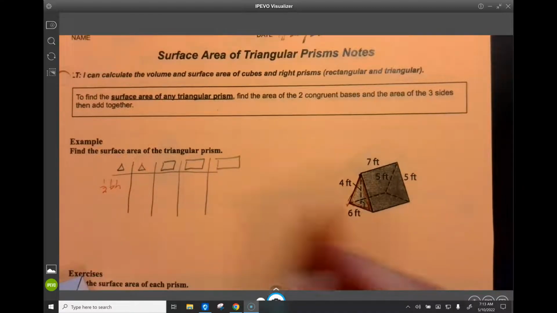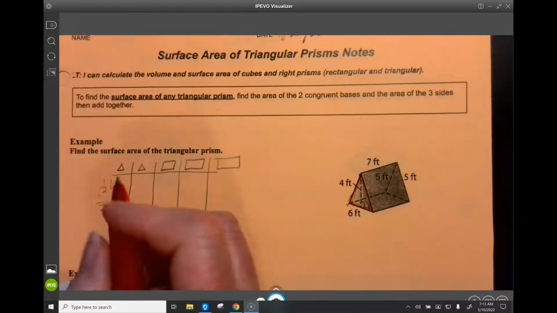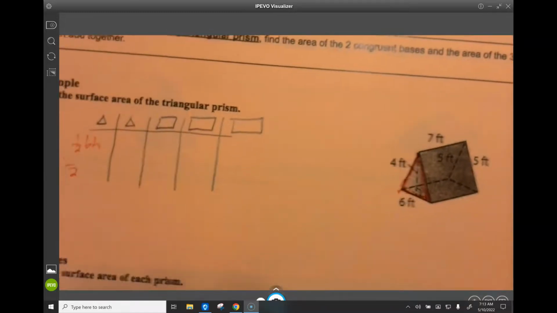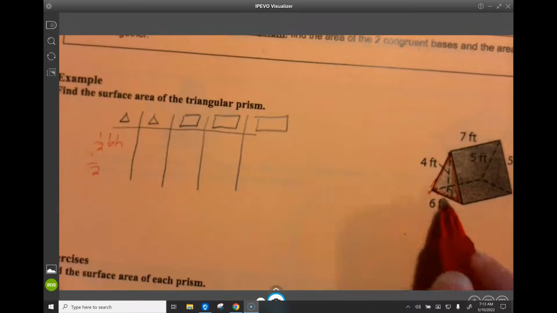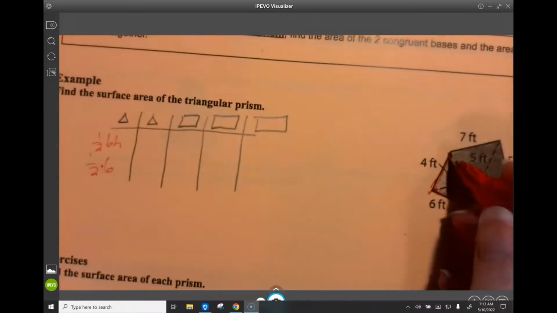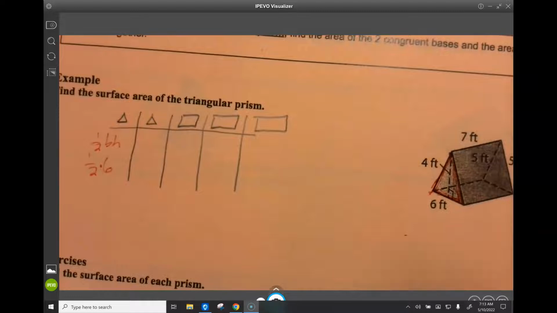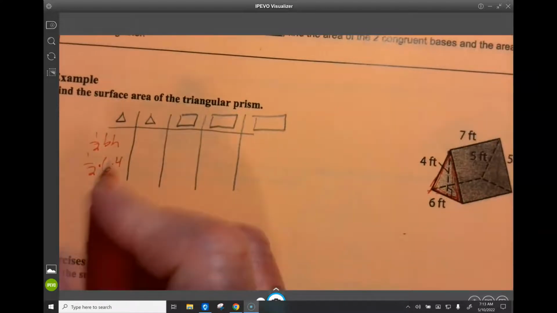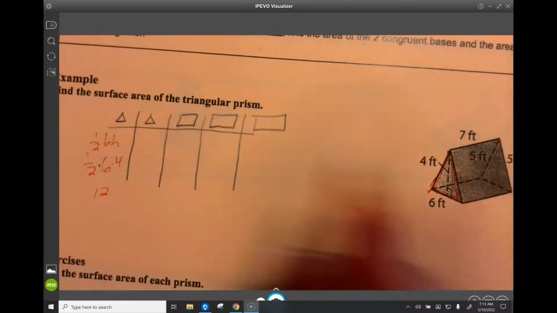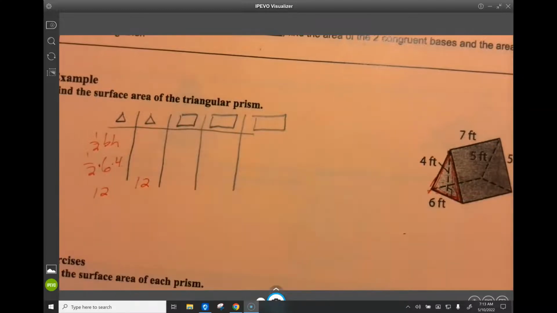So 1/2 times my base, which is 6, times my height, which is 4. So I have 24, half of that would be 12. Now this triangle has to be the same as that triangle, so that's also going to be 12.